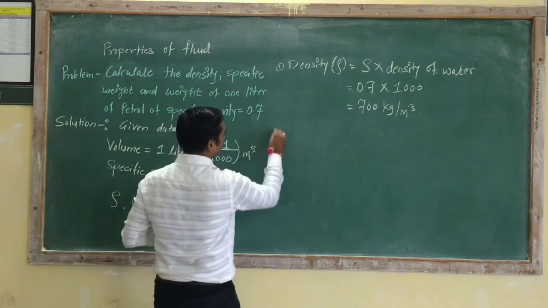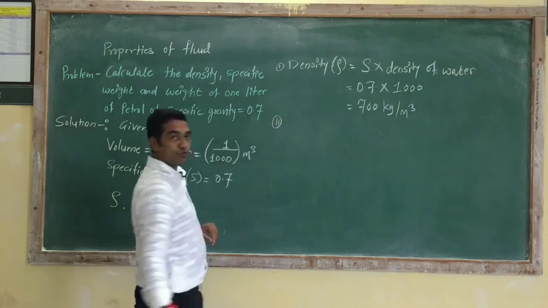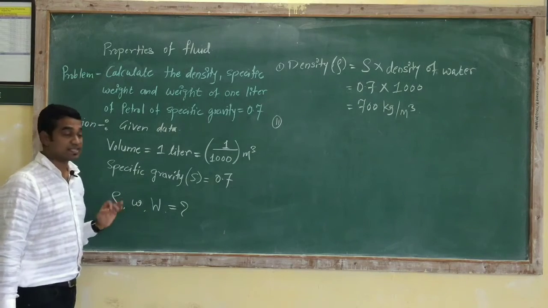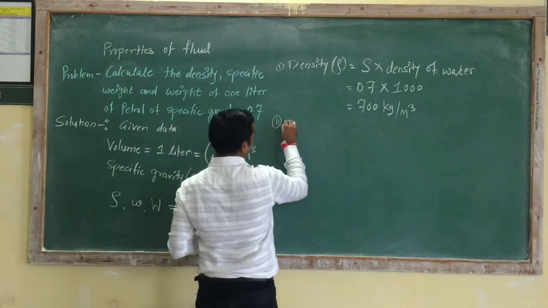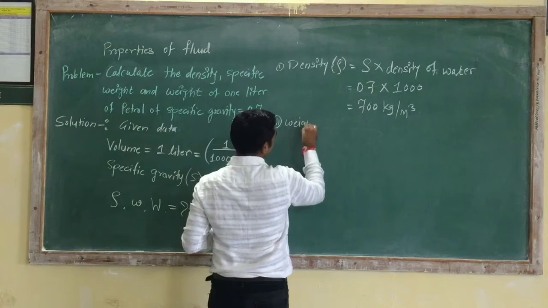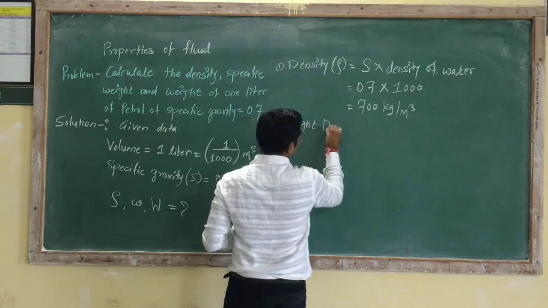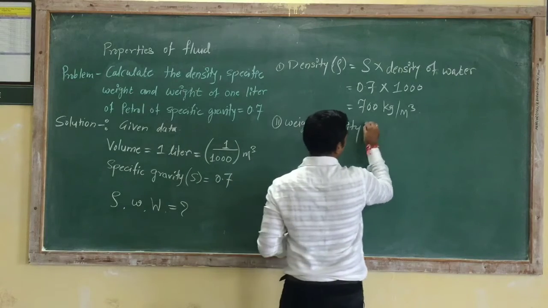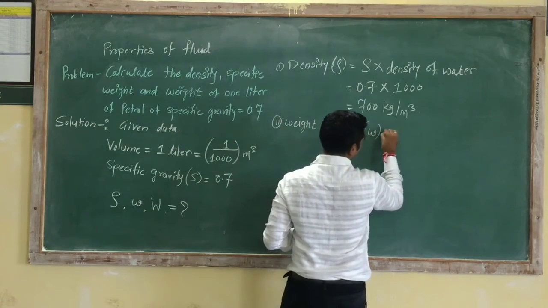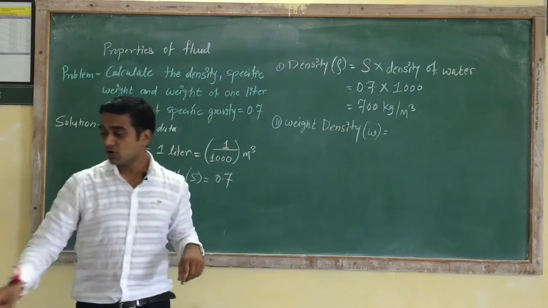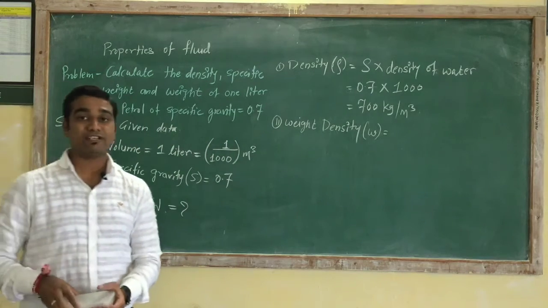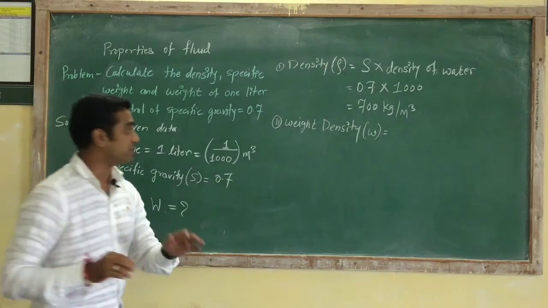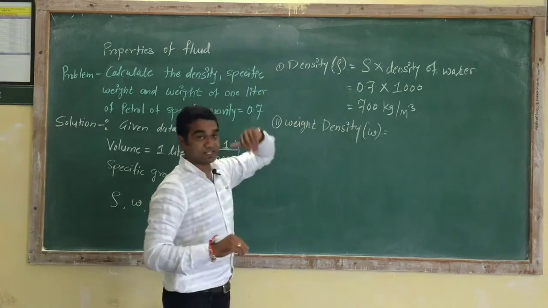Okay, now second point, what we have to find? Second, small w, that is weight density. To find this value, we have to go for the relation between weight density and the density.